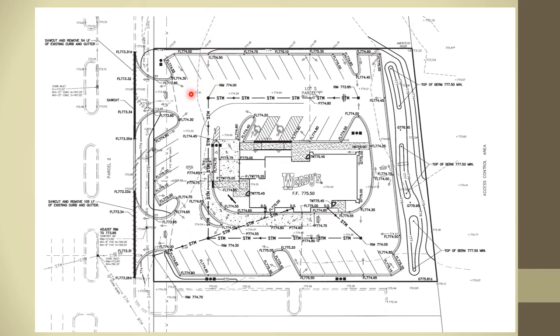These light numbers, the little x, represents existing elevations. Notice 774.09, 773.91. So here's a line running through here which suggests to me that this is elevation 774.